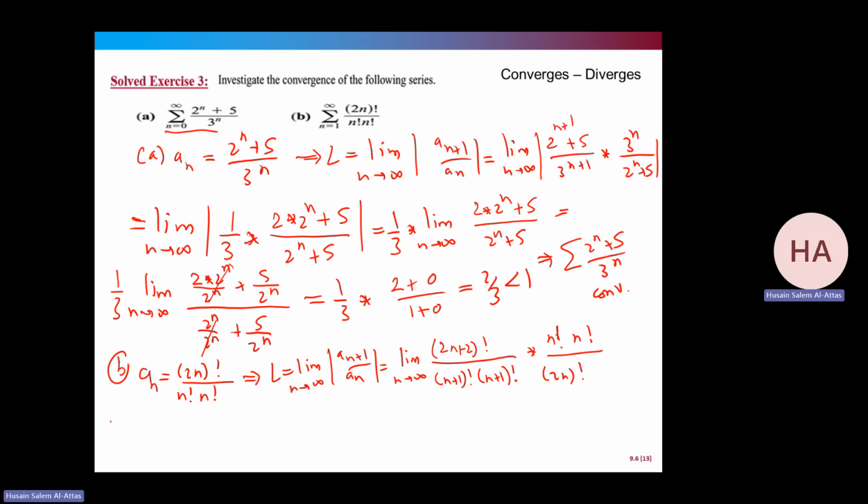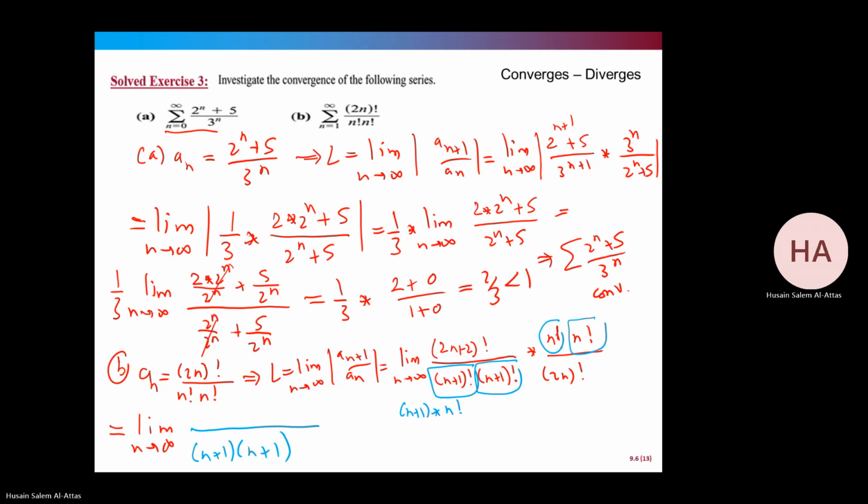Yeah, that limit will be what? The limit as n goes to infinity of what? That will give me n plus 1 times n plus 1, the same thing, this with this. This is n plus 1 times n factorial. Now, what about this one?